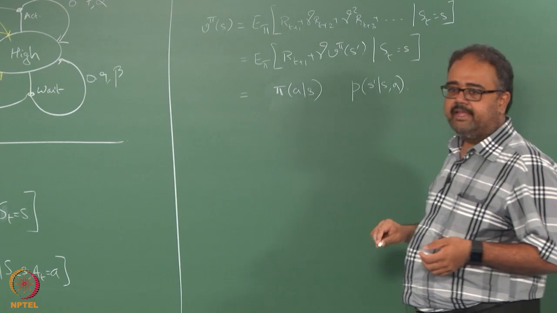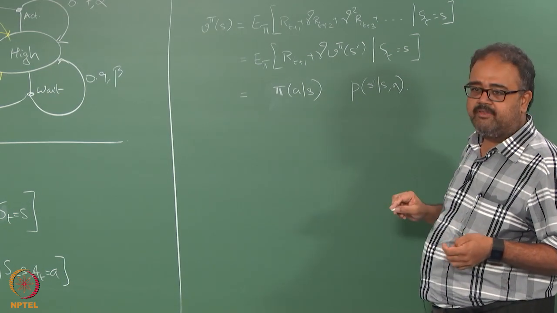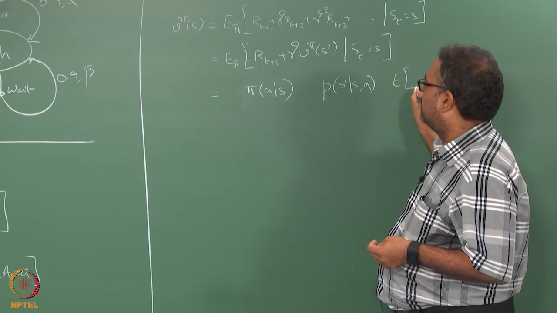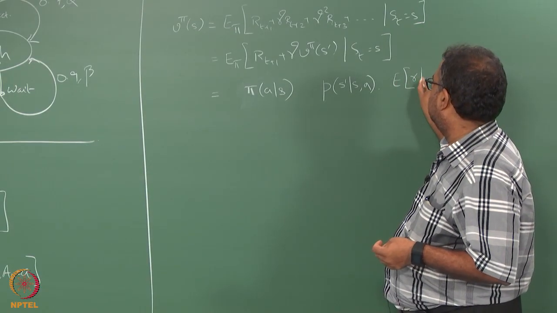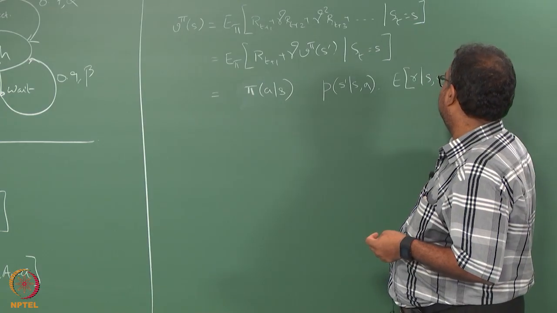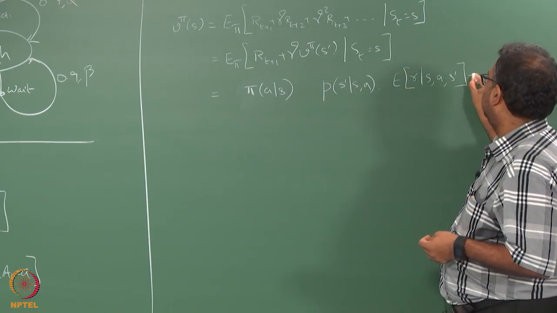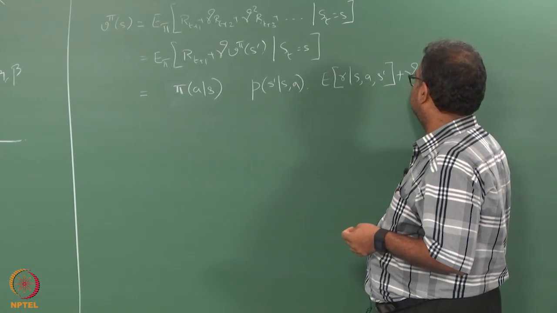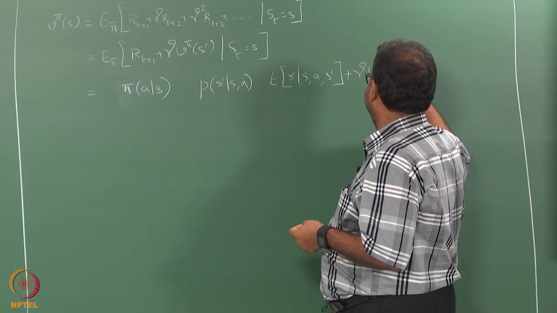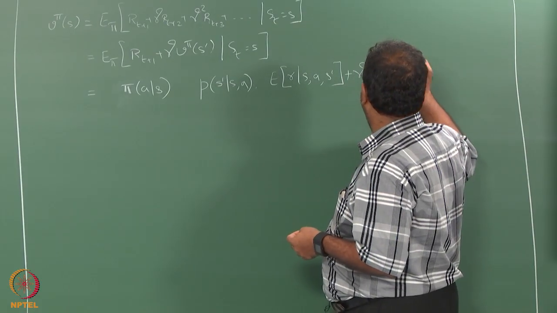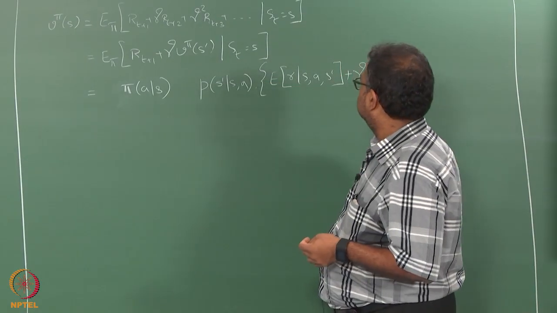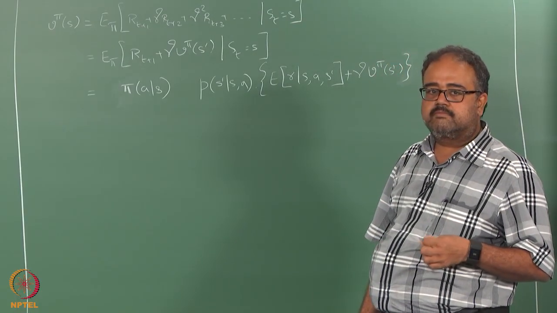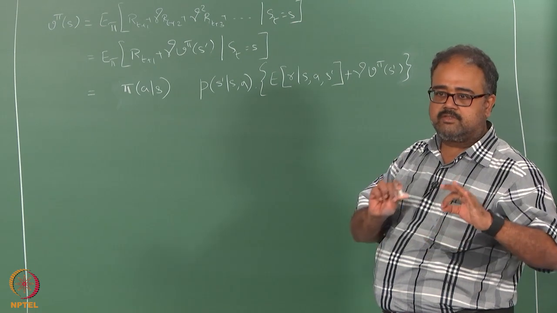So I have taken action A, okay, then I determine what S prime is. But I already determined what S prime is, right, so I can do this. Right, so this is one step I am taking.